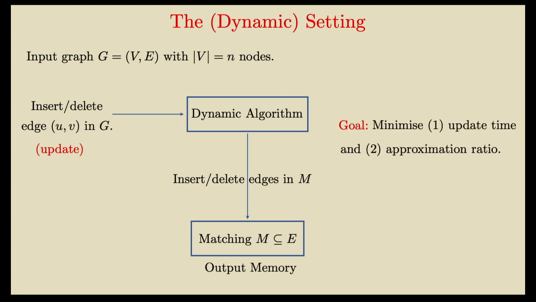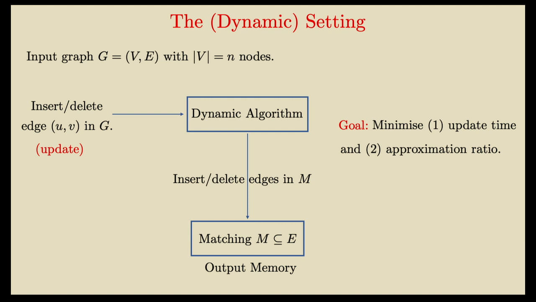And what we want to do is minimize both the update time and the approximation ratio. And note that there is a trade off here, because if you do not care about update time at all, you can just maintain a single edge. That is a very bad approximate matching, but your update time will just become constant. On the other hand, if you want the approximation ratio to be 1, after each update you can just recompute from scratch, but then your approximation ratio is small, but update time is very large.